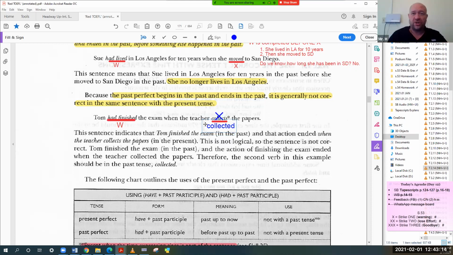We need to put here collected. Do you understand? So, collected, that is X. Okay? Tom had finished the exam when the teacher collected the papers. Okay? So Tom, he completed the test first, then the teacher collected the papers.